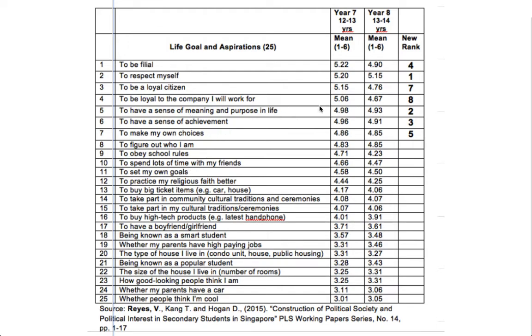As you can see, in year 8, these rankings changed, and these are the new ranks. Number 1 was to respect myself, to have a sense of meaning and purpose in life, to have a sense of achievement, to be filial, to make my own choices. So I think that whatever you chose may not have been entirely consistent with what the students have responded to.